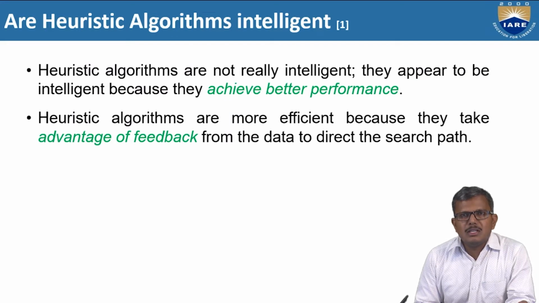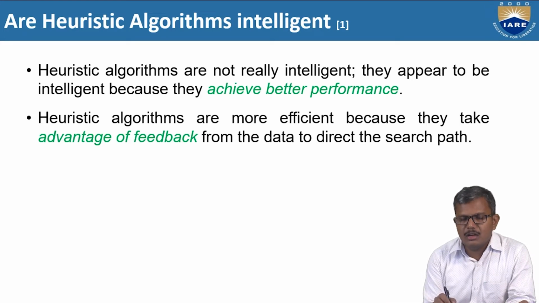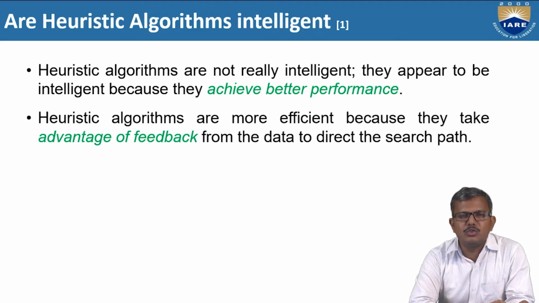Now the question is, are the heuristic algorithms really intelligent? We cannot say until we implement those techniques, but with previous experience we come to know that they are not so intelligent. Why? Because with the help of these heuristic search techniques you are able to get a solution, but we cannot guarantee that the solution is the best solution.